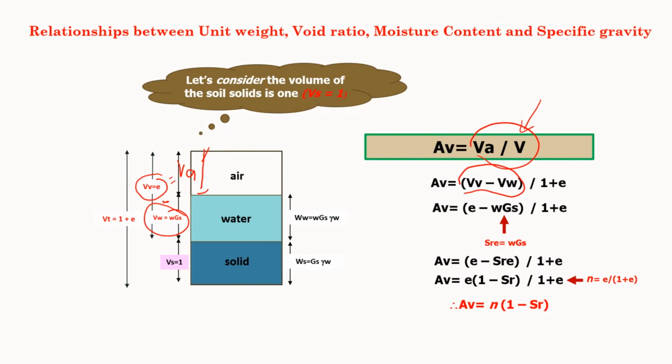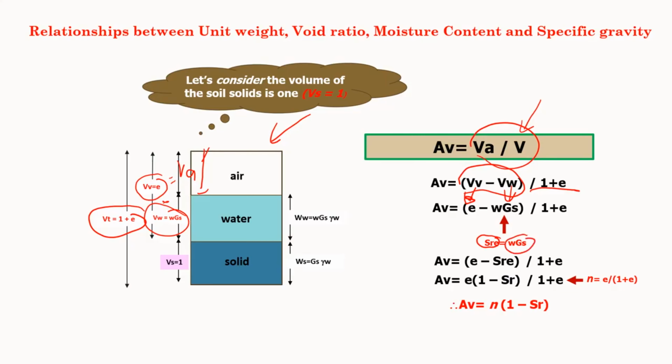We know that total volume is equal to 1 plus e. From this diagram, we know that VV is equal to e, and VW is equal to wGs, and we can simplify it more. From the previous slide, we know that wGs for partially saturated soil is also equal to Sr e.